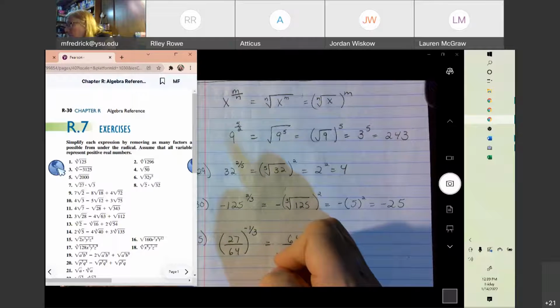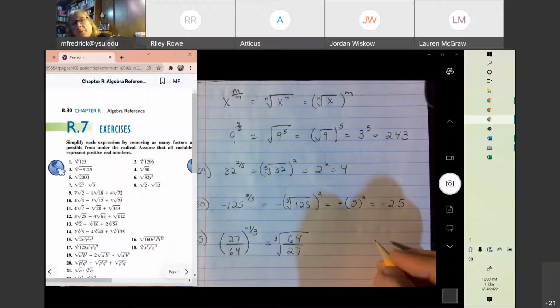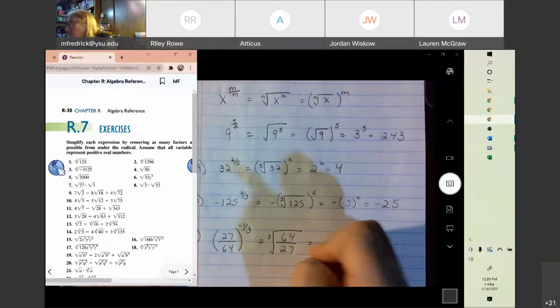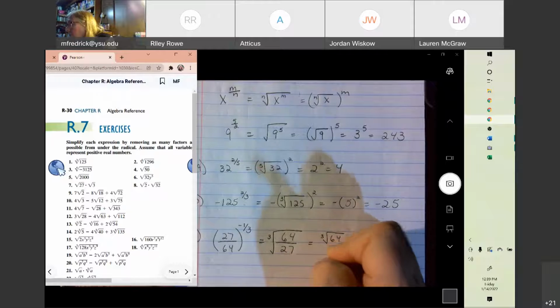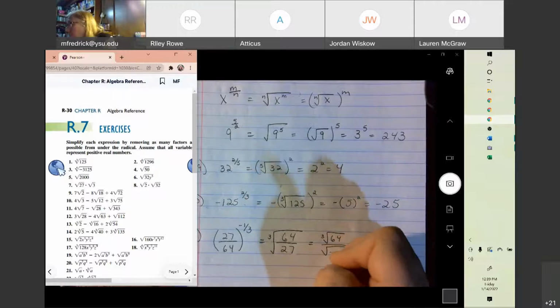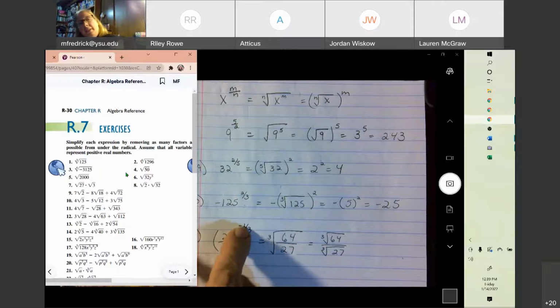And then if you want to rewrite, you could rewrite it over both of them, or you can do them each separately. Either way, but I did the negative first.